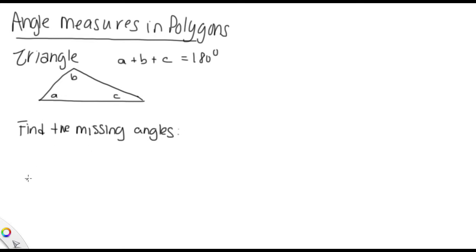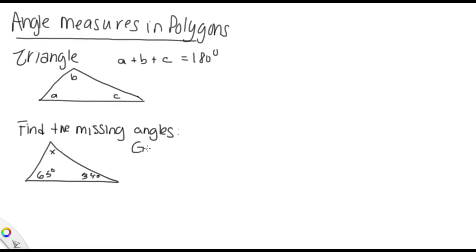We have a triangle where this is 65 degrees, and here is 34 degrees. We want to find this missing angle. So how can we do that?